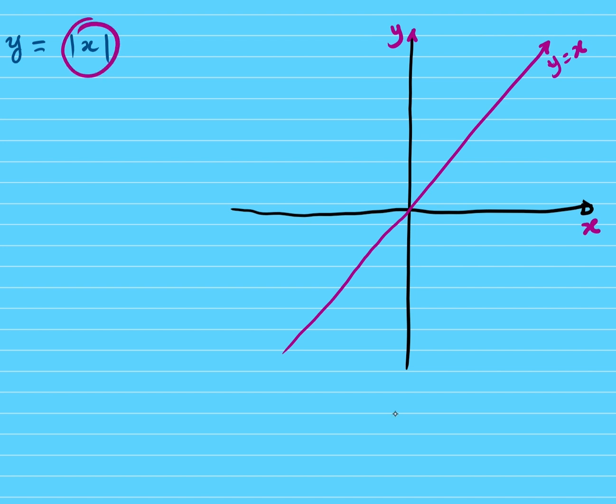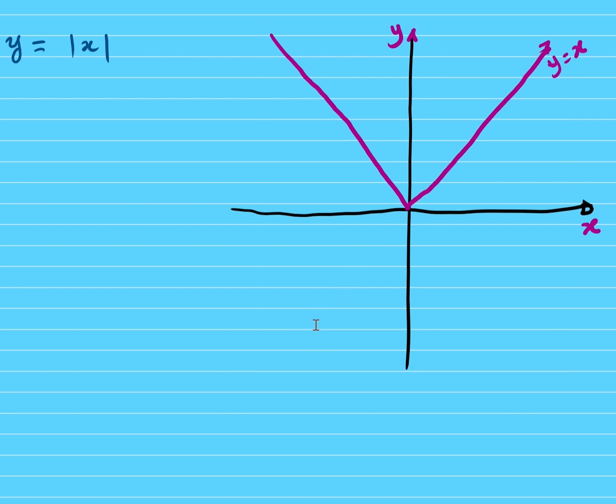Now, this essentially ensures that y is always positive, which means that the part where y is negative would have to be cleaned out or cut off. So we bounce it back up here, so we have something that looks like this rather than what we had before. This line I'm going to clean out, and now I have y equals the modulus of x. Is this a function? Yes, it is, because it passes the vertical line test.